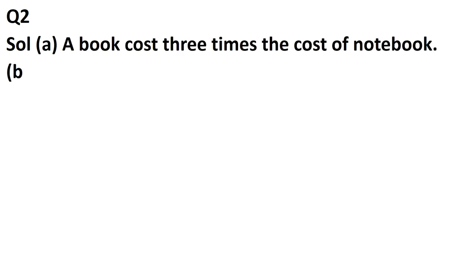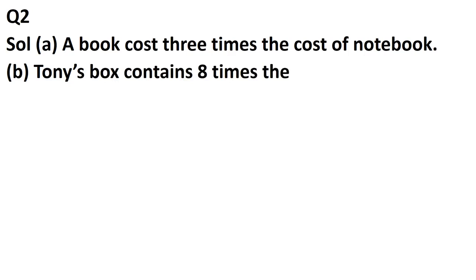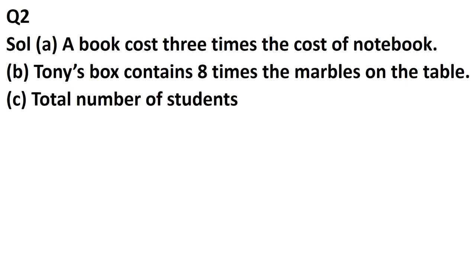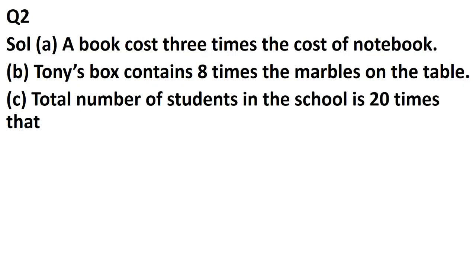Now see question number 2. In this you have to change into ordinary language. I have done all the parts for you. You can check your answers from here. A book costs 3 times the cost of a notebook. B is Tony's book contains 8 times the marbles on the table. C. Total number of students in the school is 20 times that of our class.